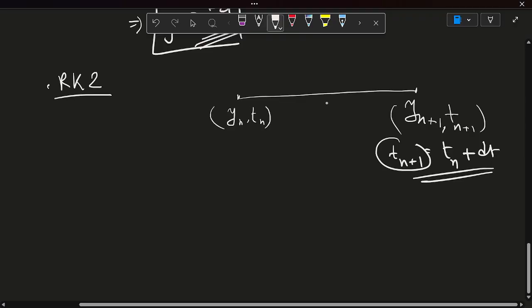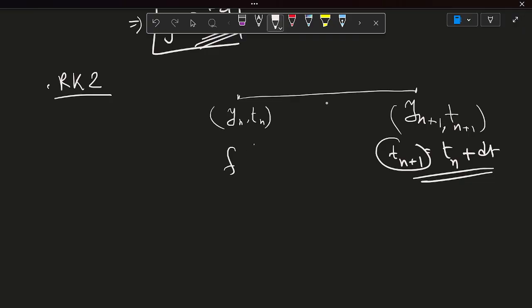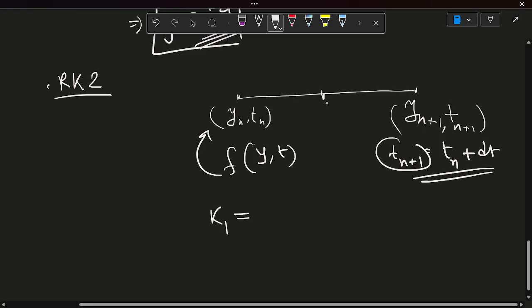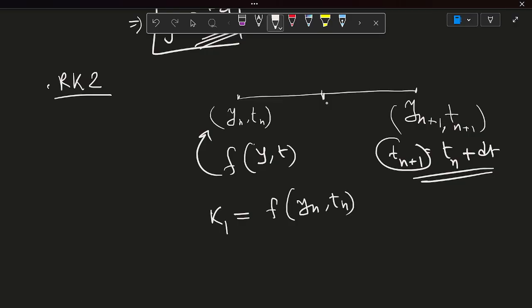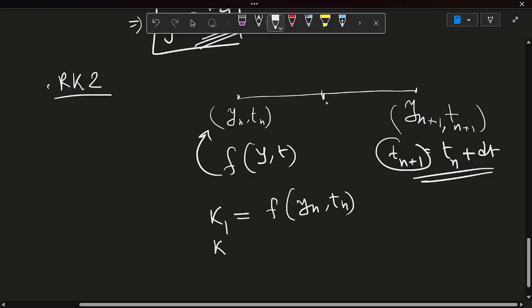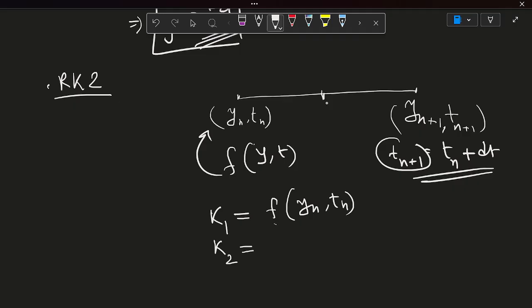So in the Euler method, you are evaluating this functional value at this point. But in RK2, what will you do? First, you will also use another midpoint. So first, let me define two variables. k1, which is f of yn, tn, and then you will have another variable k2, where you will evaluate this functional value at the midpoint.